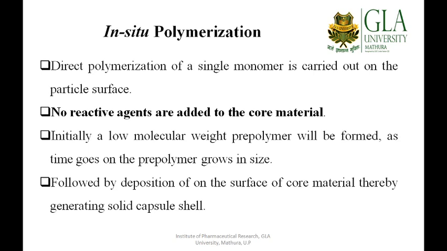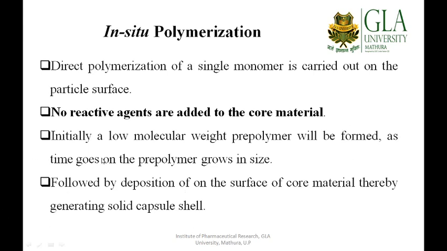This is the uniqueness of in situ polymerization, and it also differentiates it from interfacial polymerization, because we are not adding any reactive agents to the core. So our core is protected, and there is no chance of interaction using this technique.